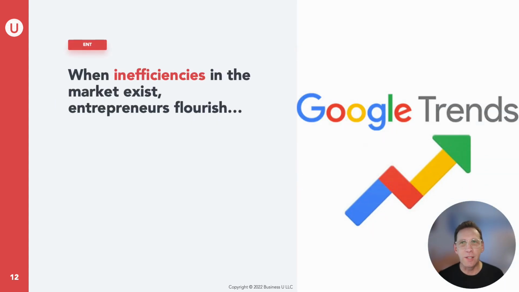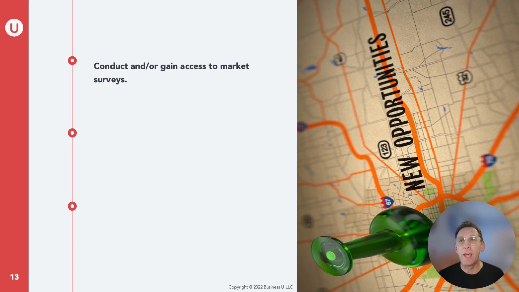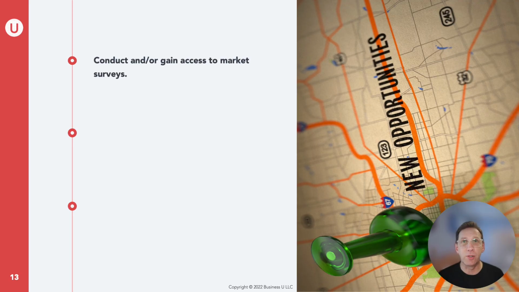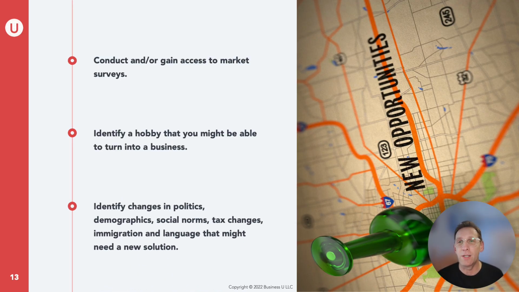Now, when inefficiencies in the market exist, this is where entrepreneurs can really flourish, because they study how customers behave and identify their preferences. They identify current trends. They can conduct or gain access to market surveys. They can identify a hobby that you might be able to turn into a business. And you can identify changes in politics, demographics, social norms, tax changes, immigration, and language that might need a new solution.